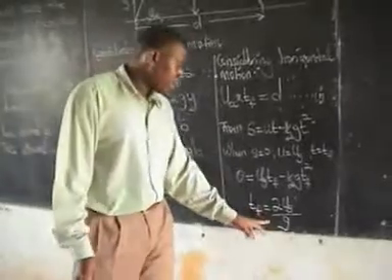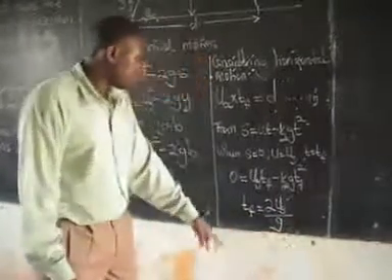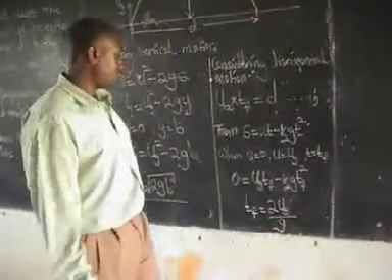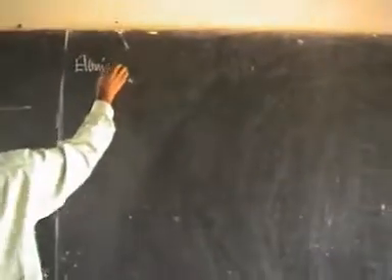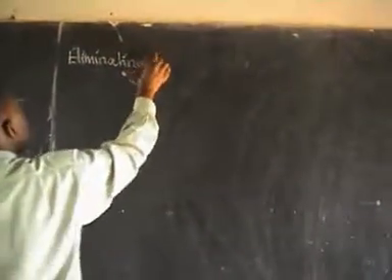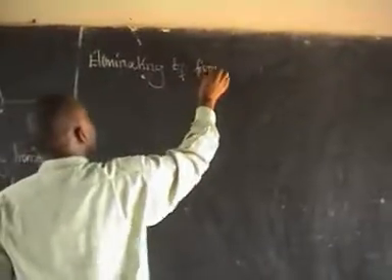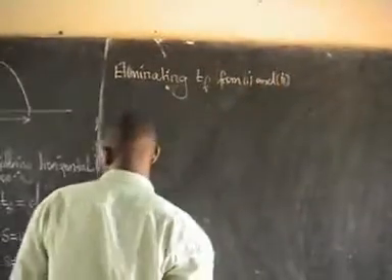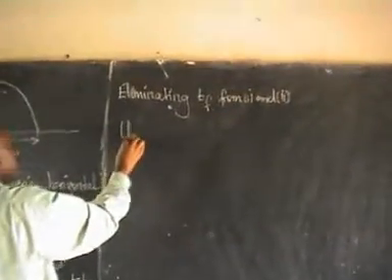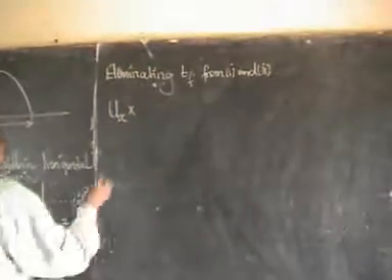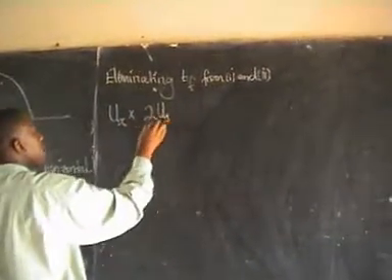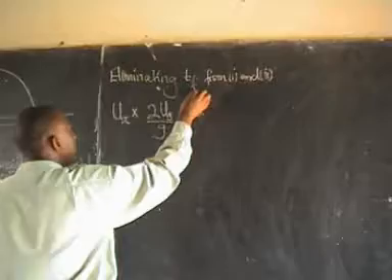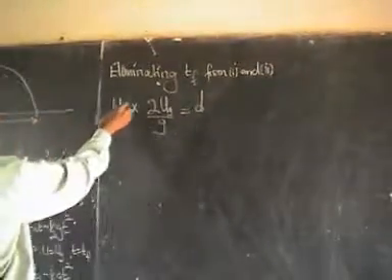But for this purpose, I'm interested in this 2Uy divided by g, which I'm going to substitute for Tf from equations 1 and 2. So this will give Ux times Tf, which is 2Uy out of g, equal to d.